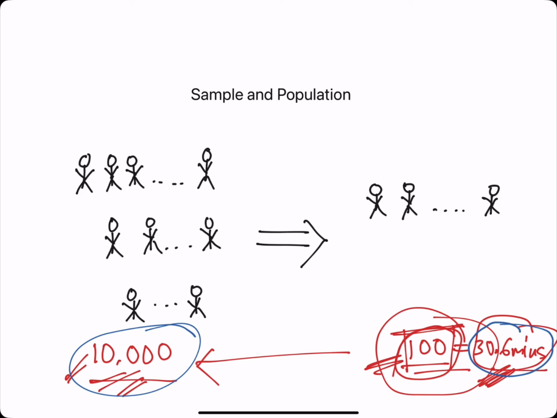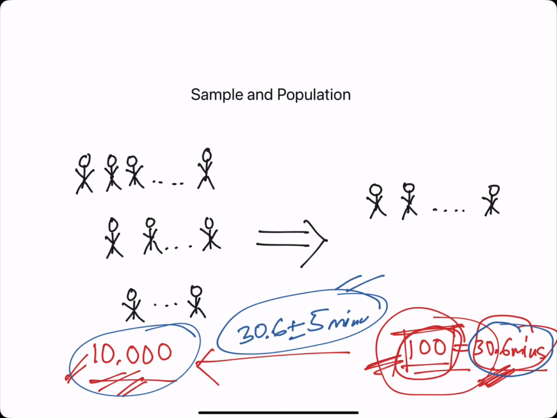To address this uncertainty, surveys often provide a range of values. For example, we might estimate that the true population mean is between 30.6 plus minus 5 minutes. This range accounts for the possibility of sampling error that could cause the sample mean to overestimate or underestimate the true mean by up to 5 minutes.